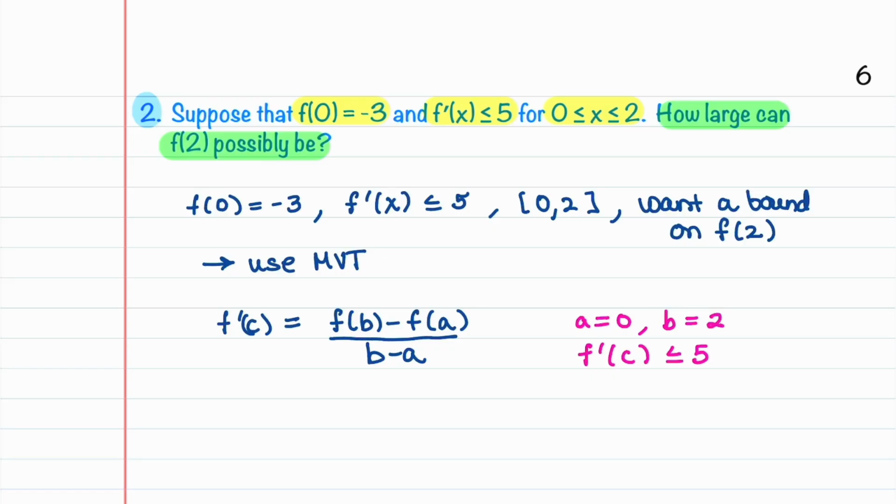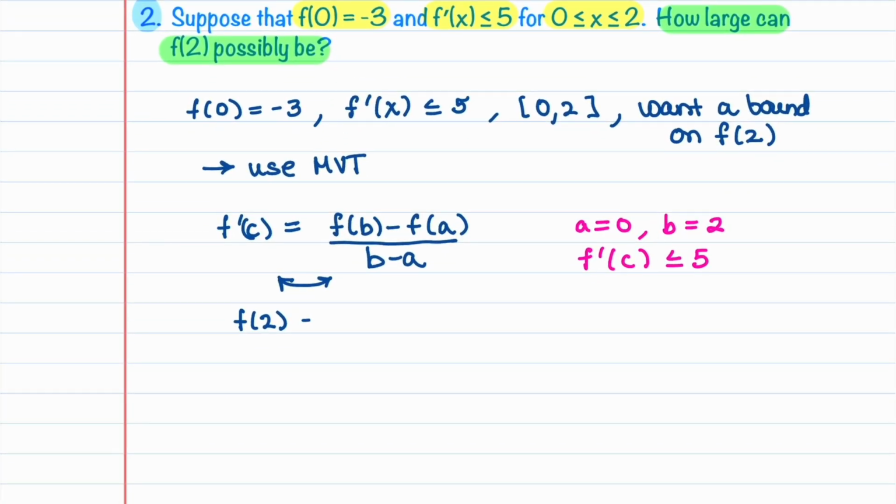Let's go ahead and plug these in. I'm going to go ahead and switch sides. So f of b is now f at 2. And we subtract f of a, which is f at 0. And then b minus a is 2 minus 0.